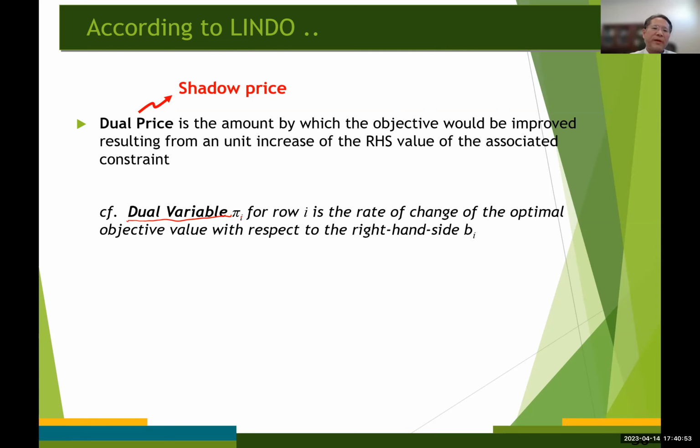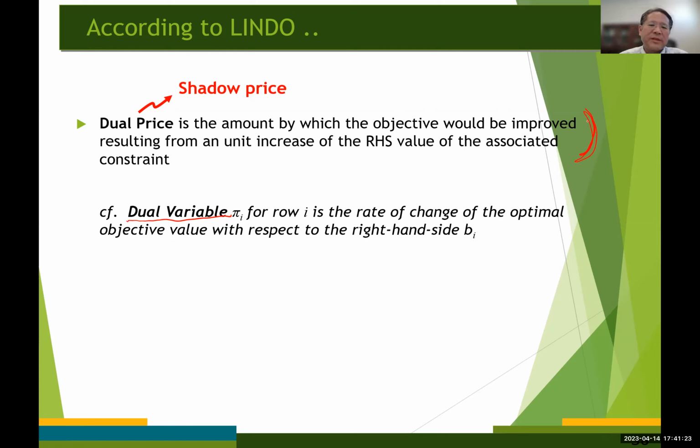So Lindo provides the dual price for each constraint, okay? And according to Lindo, the dual price represents the amount by which the objective function value would be improved given a unit of increase in the right-hand side values of the constraint.